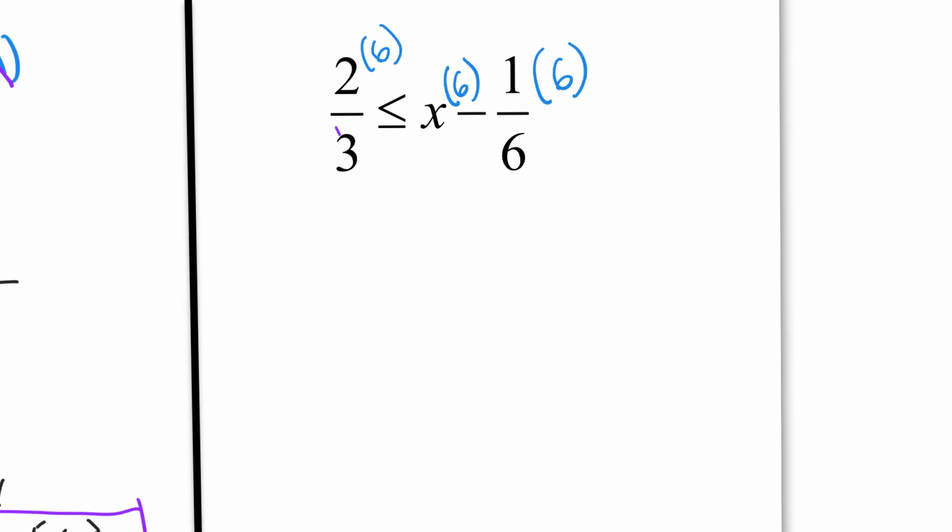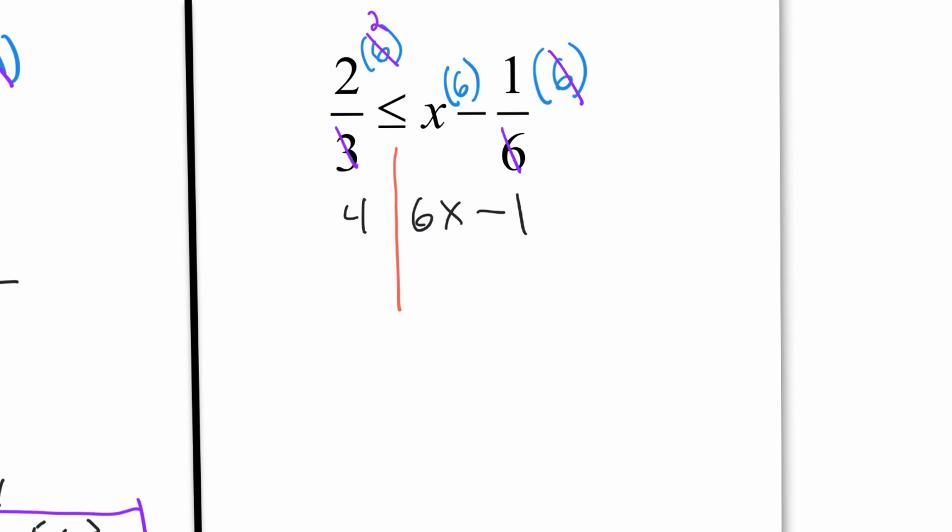So I know that 3 goes into 6 2 times. Let me put the line under the inequality. And I'm going to multiply 2 times 2 is 4. On the other side, 6 times x is 6x. And then you can cross simplify the 6 right here, and you bring down the minus 1.